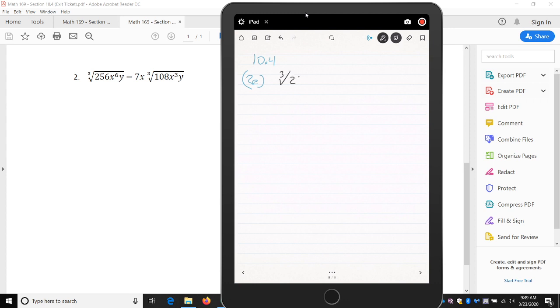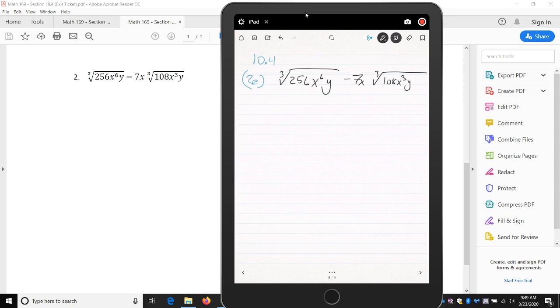The cube root of 256 x to the 6th power, y to the 1st power, minus 7x and the cube root of 108 x cubed y.